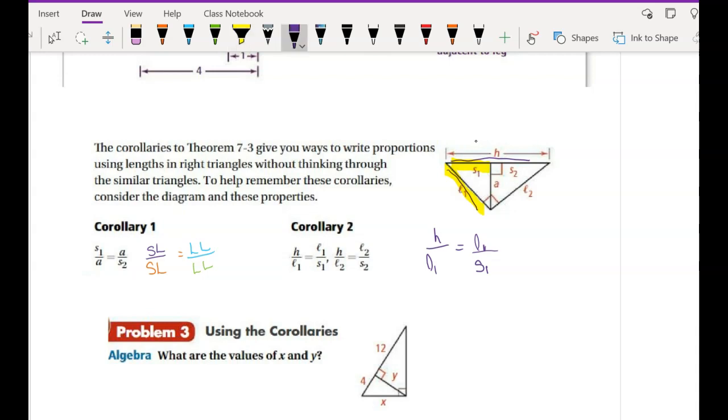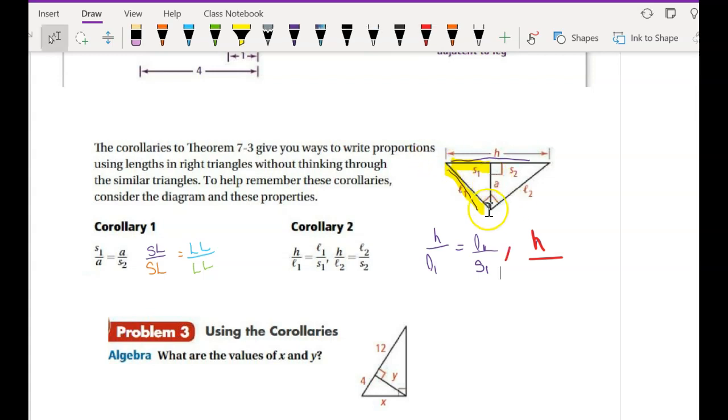Now let's see if we can write that again. So for this next one, what are we going to do? It's going to start out with H. Let me get a different color. H. Now this time we're going to do the larger triangle.